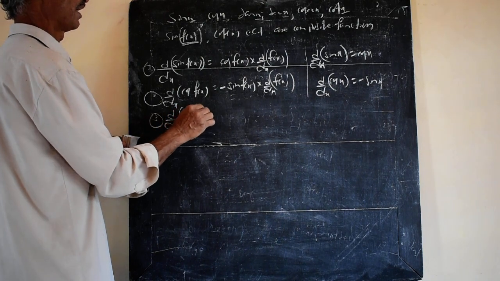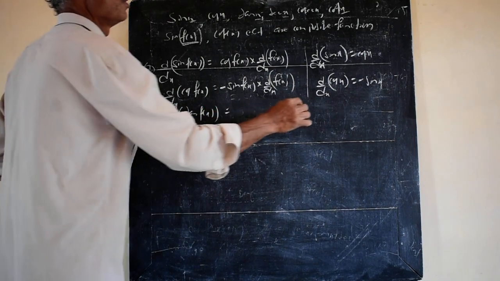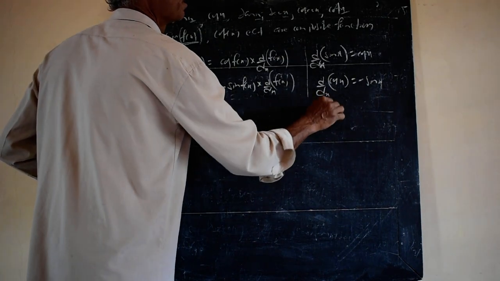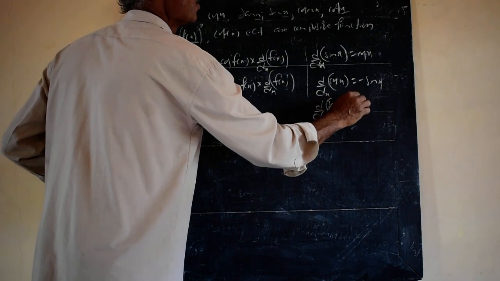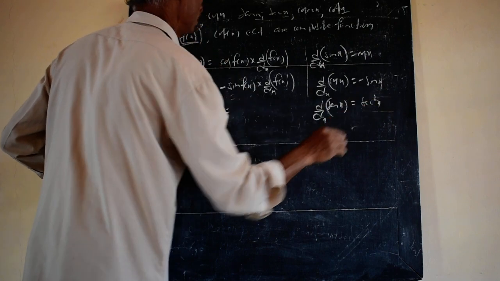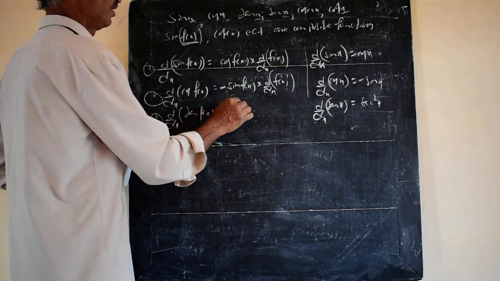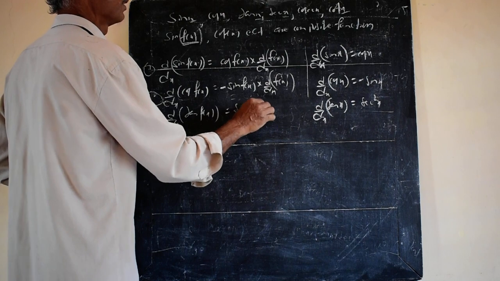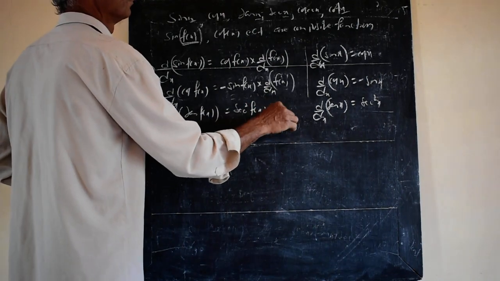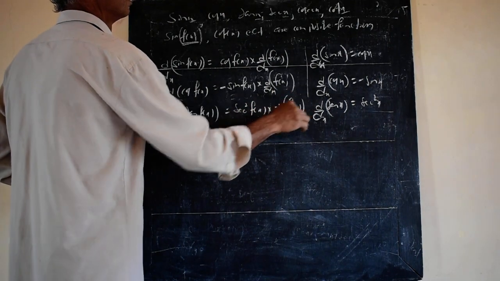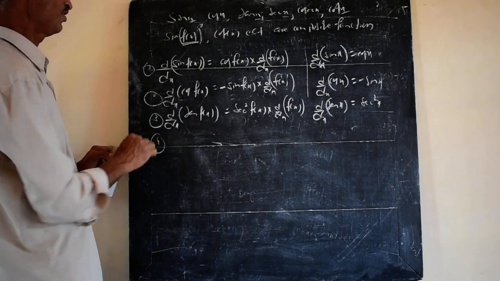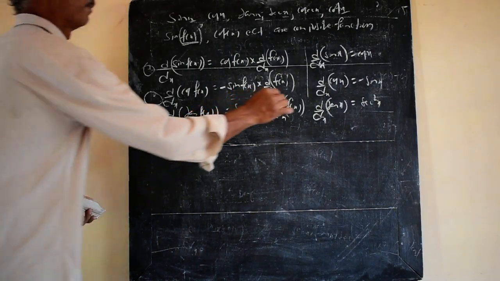Before that, I will write tan x differentiation, d by dx of tan x. What is the tan x differentiation? Sec square x. Therefore, tan f of x differentiation is sec square f of x into d by dx of f of x. The factor d by dx of f of x is additional as compared to the simple case.